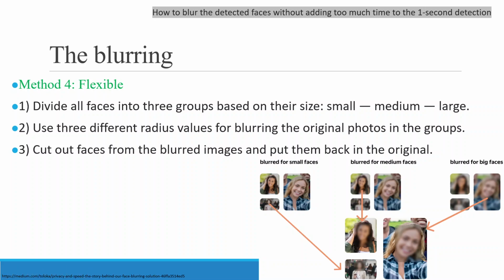At the first step, they will then use a different radius value for blurring the original photo in each group. I mean, you may apply a different degree of blurring to these different sizes of faces, and then you can put them back in the original image.